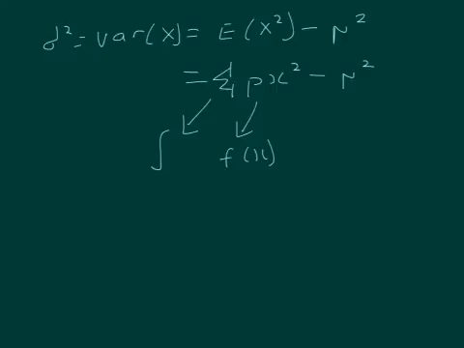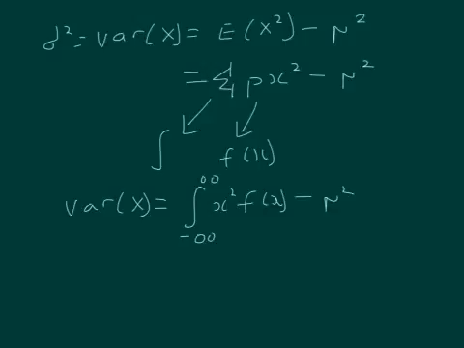So for continuous data, the variance of x is the integral of x squared f(x) minus the mean squared, and the integral is over all possible values. So this is for discrete, and this is for continuous.